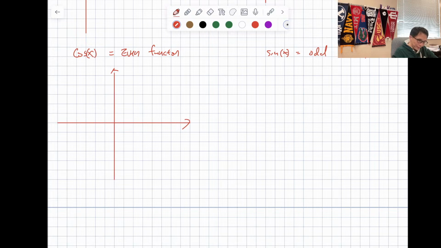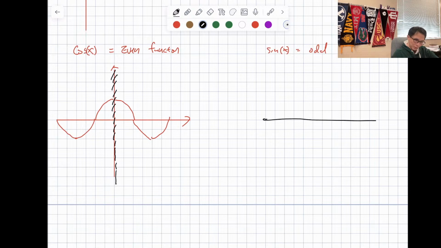Do you know the definition of an even function? They are symmetric to where? The y-axis. An even function has symmetry to the y-axis. So from the left side to the right side, they look the same.